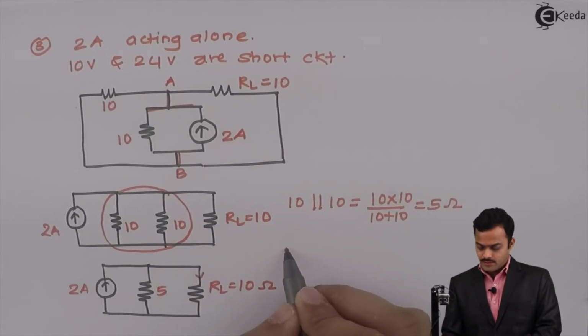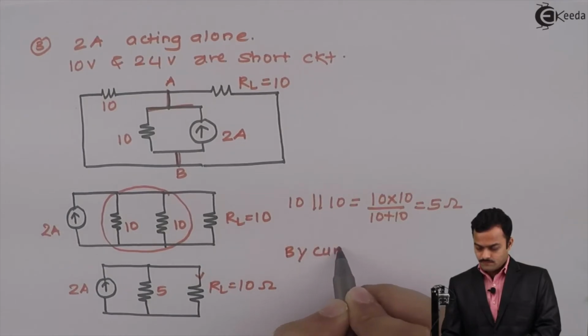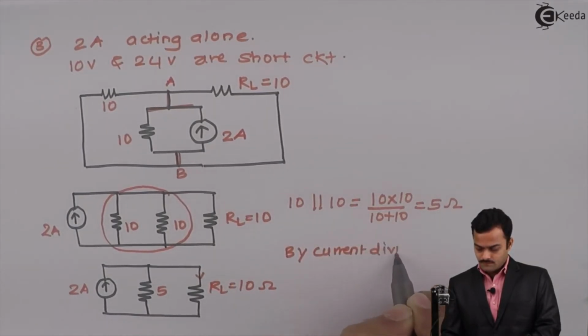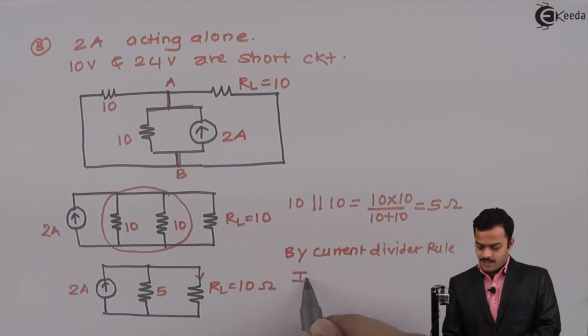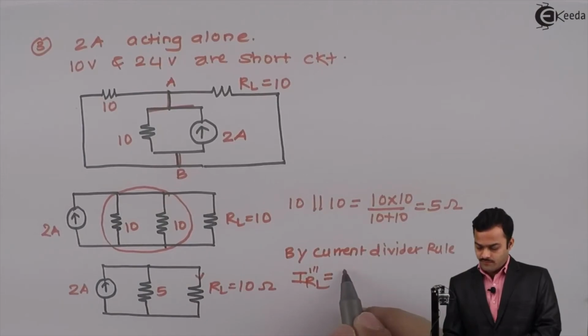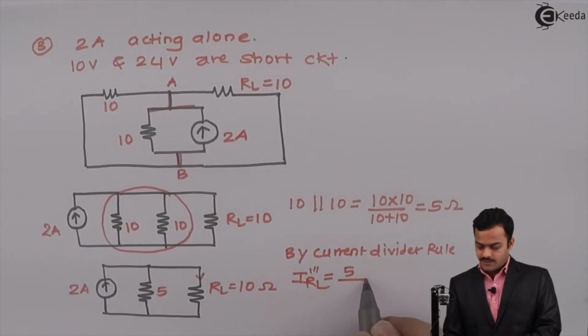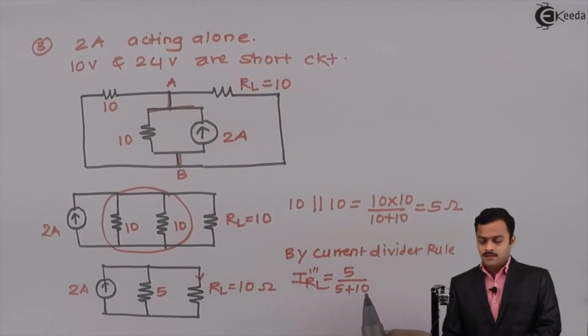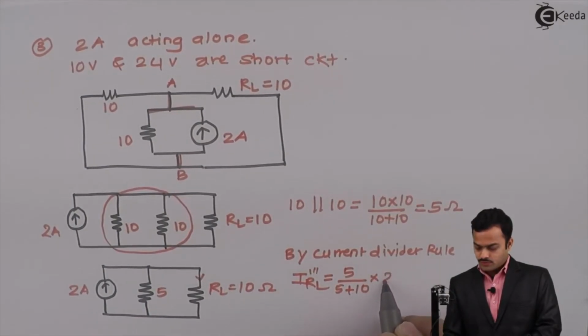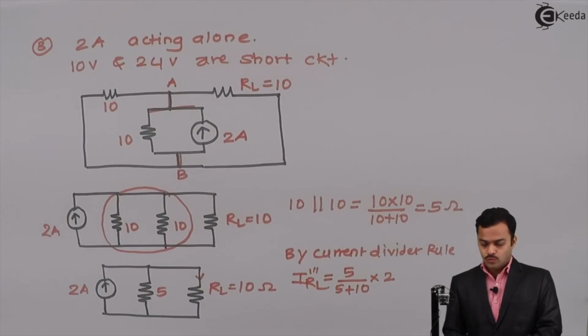So by the current divider rule, I can say IRL triple dash equals 5 divided by 5 plus 10 multiplied by the total current supplied, which is 2.